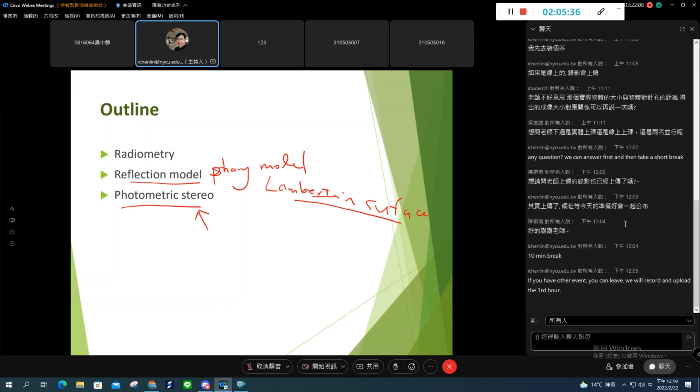This is supposed to be new for students who have learned graphics, and it is supposed to be our homework number one. We will try to use the reverse of those Phong or conversion models to reconstruct the surface, such as, a few years ago, we reconstructed a bunny or something like that. Yeah, bunny.